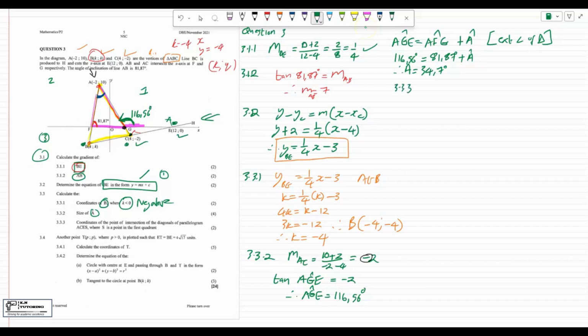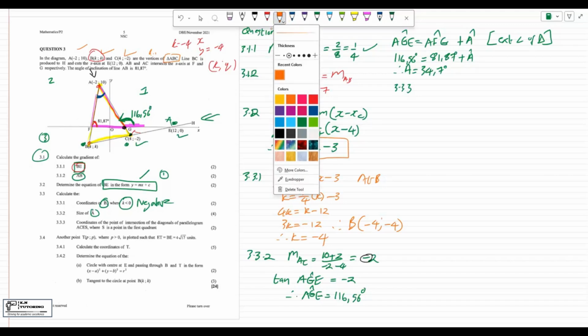3.3.3. Calculate the coordinates of the point of intersection of the diagonals of the parallelogram ACES, where S is a point in the first quadrant. So they're telling us that S is a point in the first quadrant, and it forms part of the parallelogram.